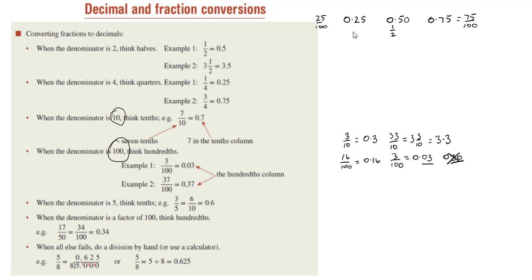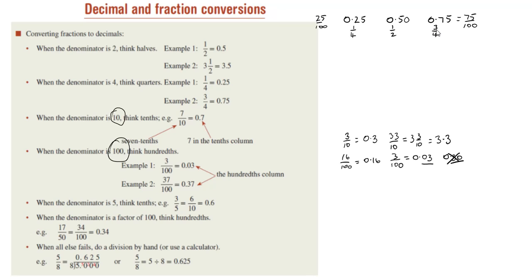So that means this fraction here would be a half of a half, and a half of a half is obviously a quarter. Now 0.25 is a quarter, 0.5 is a half, then 0.75, you can see that it is 3 times 0.25, so it would be 3 quarters. Those you should know in an instant without working them out.